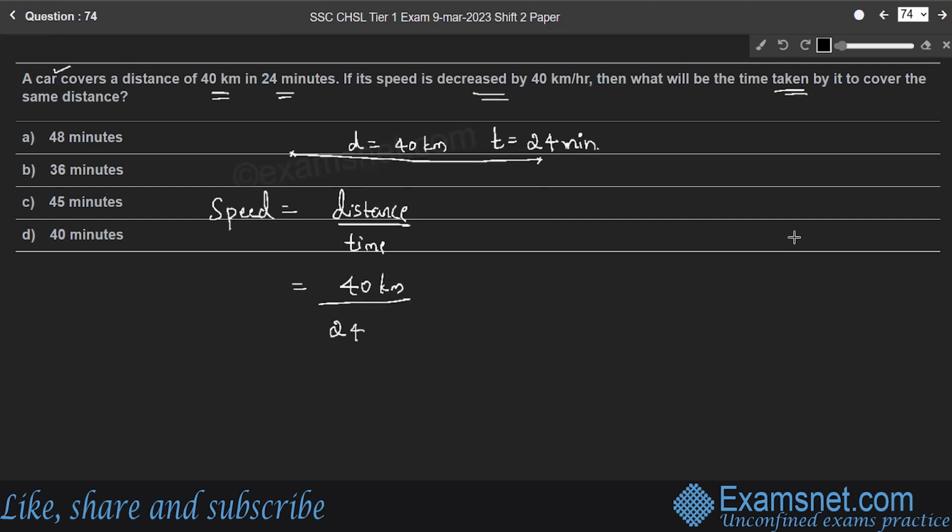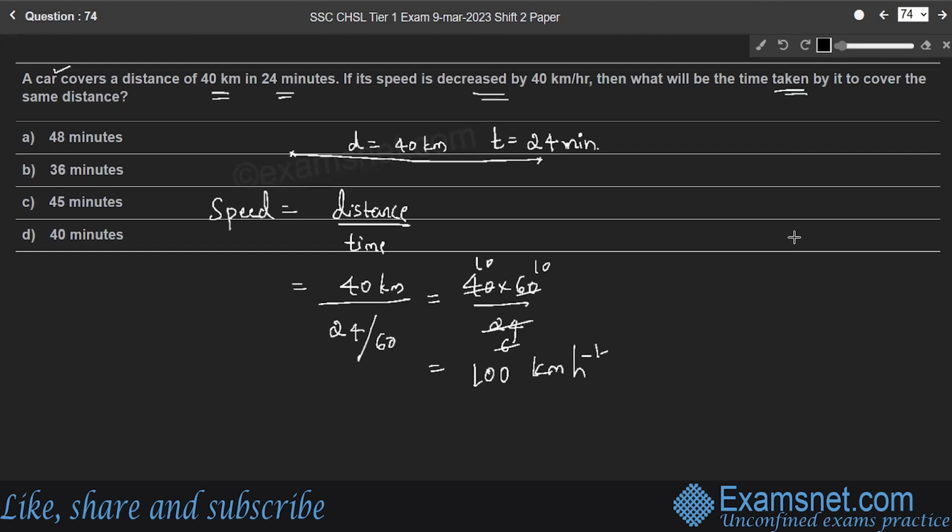So it is better to express time in terms of hours. 24 minutes in terms of hours is divided by 60, right? So which is equal to 40 into 60 by 24. 6 into 10 is 60. So speed of the car is 100 kilometer per hour.